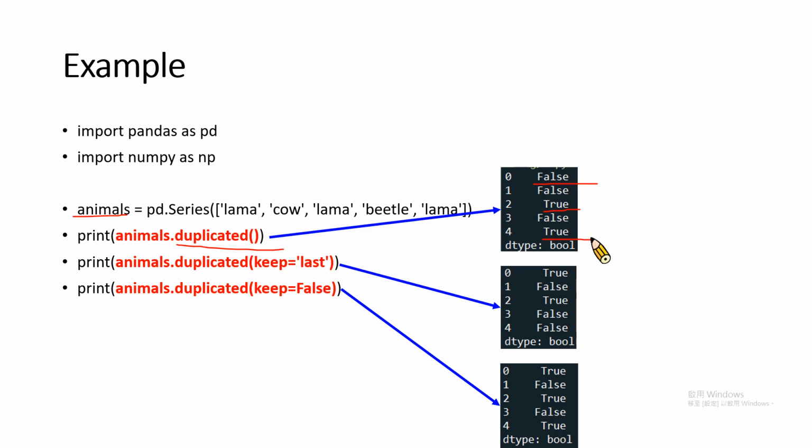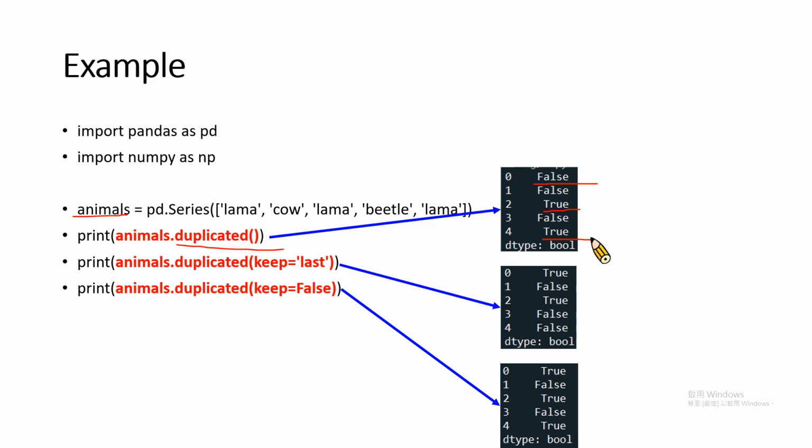Why is the first one marked false? Because later we may delete these duplicate values. We just want to keep the first duplicate value, and the rest of the duplicate values should be removed.